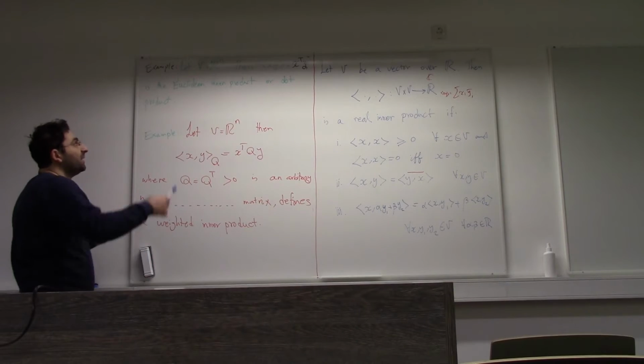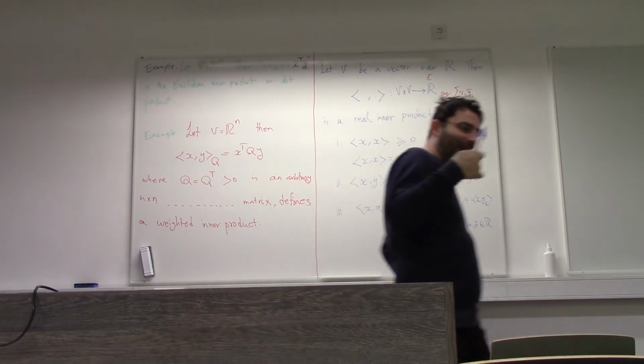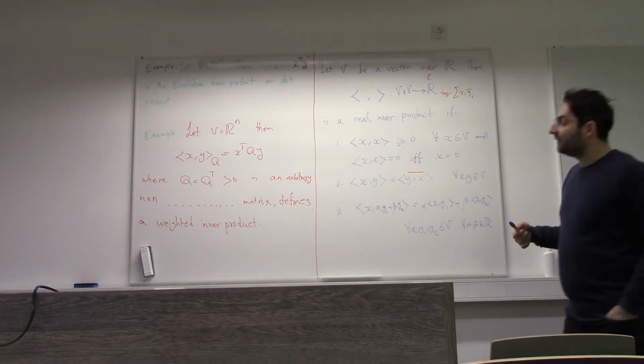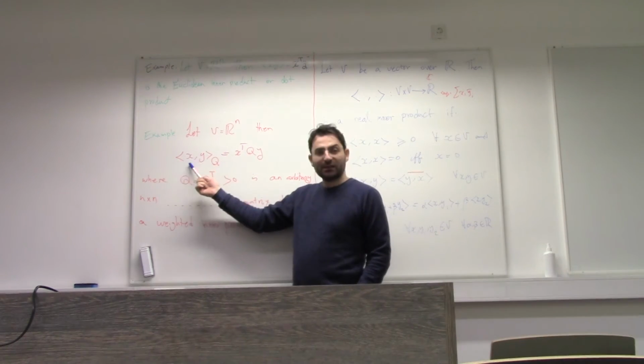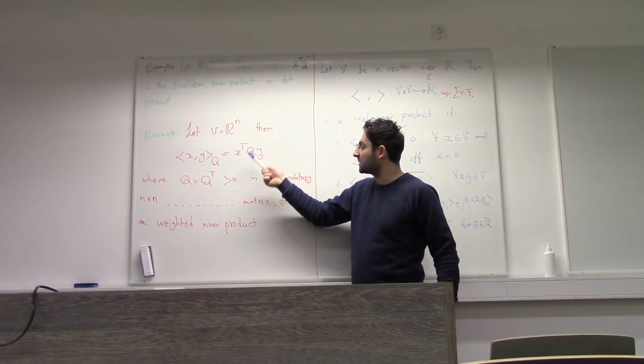So we can have a normal Euclidean inner product, or we can have a weighted inner product. And how we calculate the weighted inner product of x and y with the weight matrix Q is this: x transpose Q y.